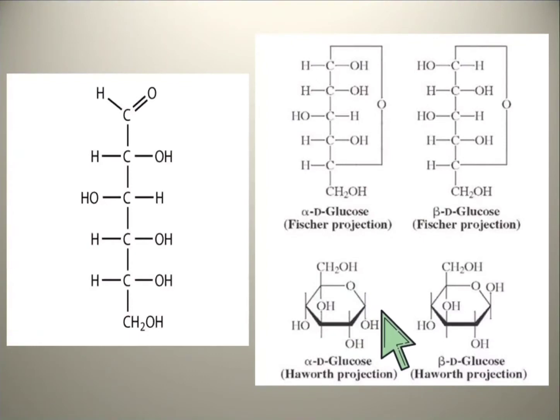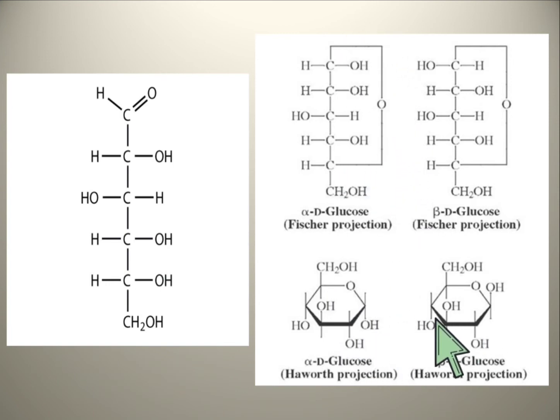So here you can see the carbon number 5, this is 1, 2, 3, 4 and 5. So the carbon number 5 forms a bond with this carbon number 1 here. The bond is formed between carbon number 5 and carbon number 1.